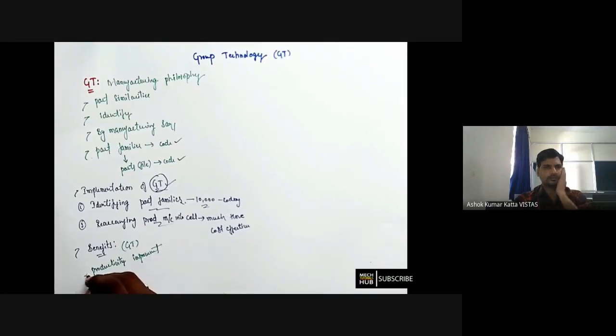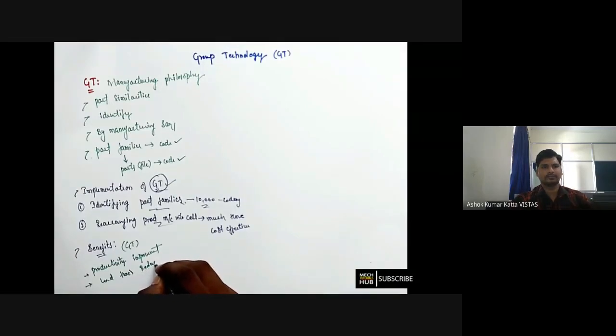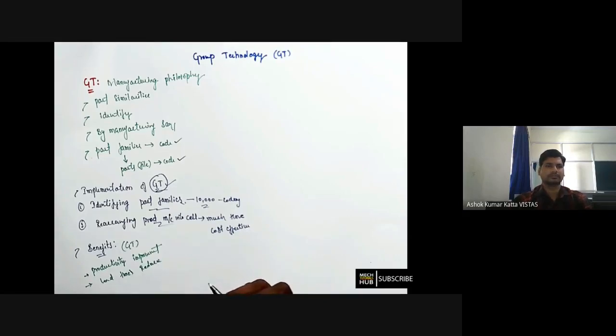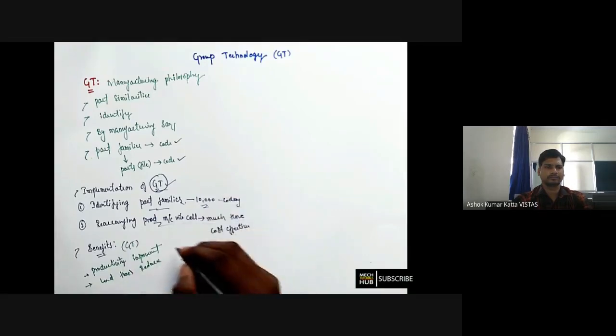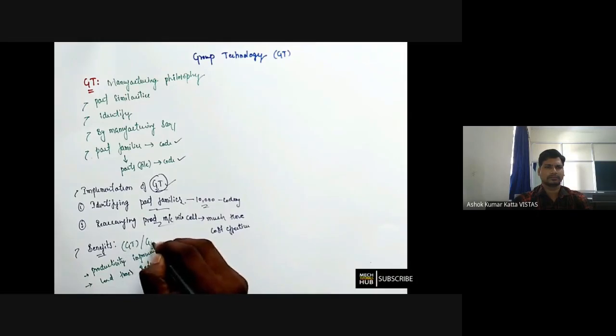Productivity improvement is the first task. And reduce lead times, setup times maybe. This also comes under the goals of group technology, the main goals or benefits. You can call it goals also.